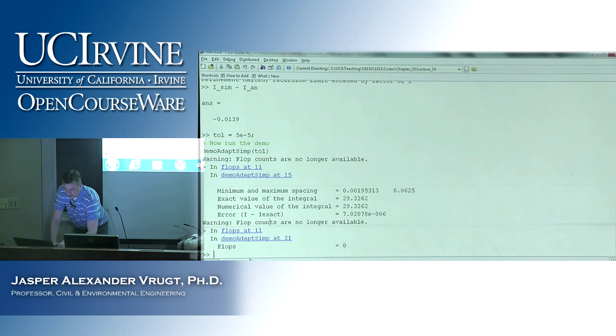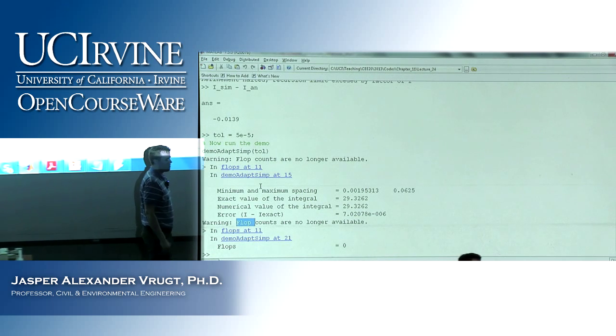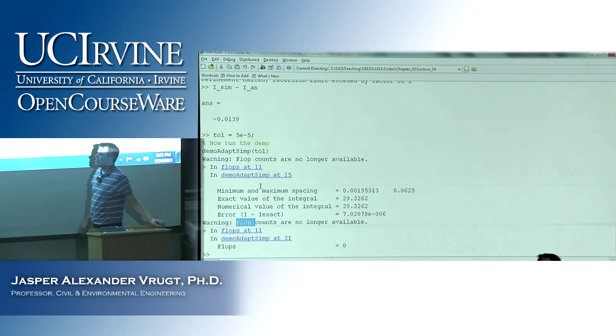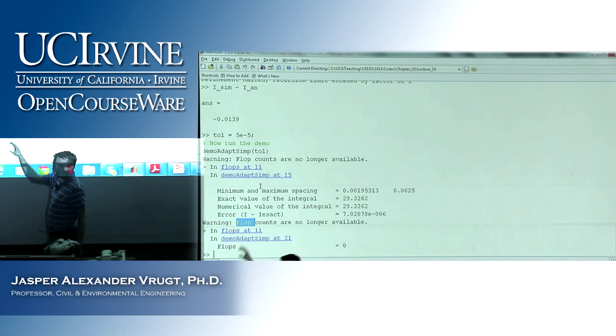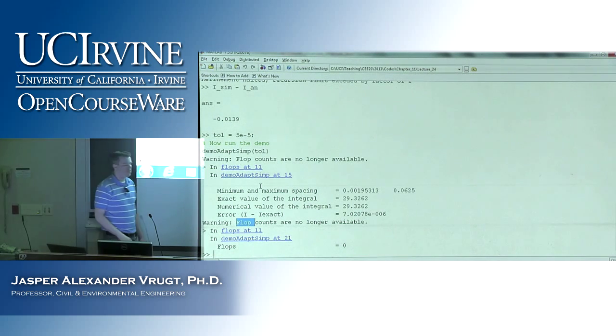And what you see here is the author uses the option flops. That was an old built-in function in MATLAB that calculated something related to computation time, and that is no longer available. I have an old version. I work with MATLAB 2007.